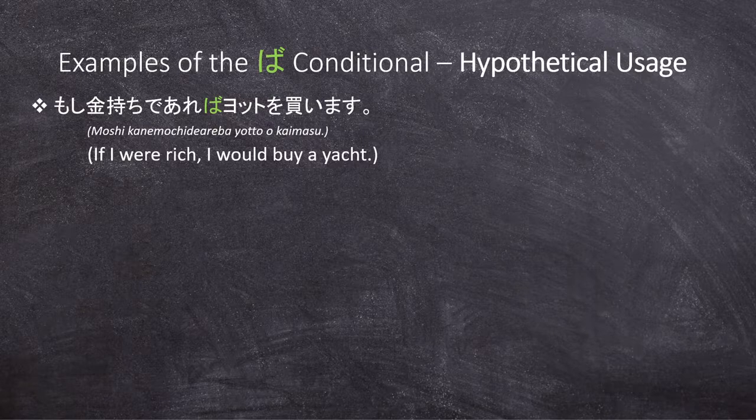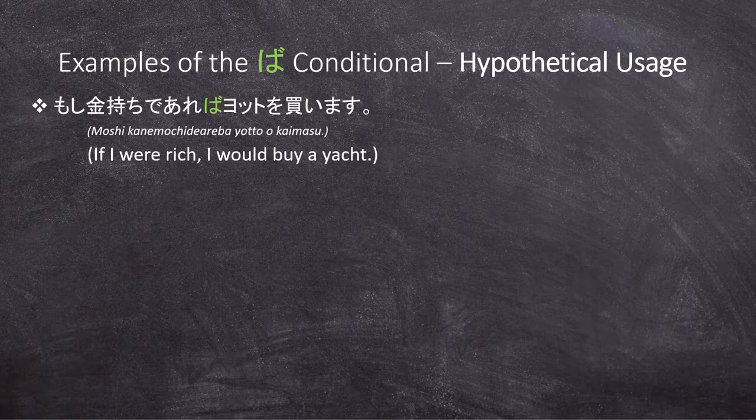And moshi is very versatile, but I certainly recommend it and urge you to use moshi in these types of sentences, especially if your condition has a very slim chance of coming true or if it is unreal, making moshi perfect for sentences such as this.